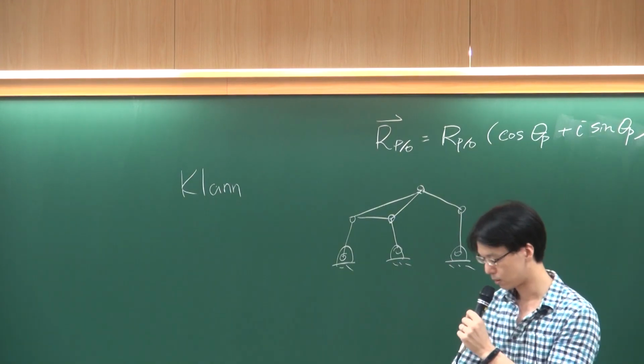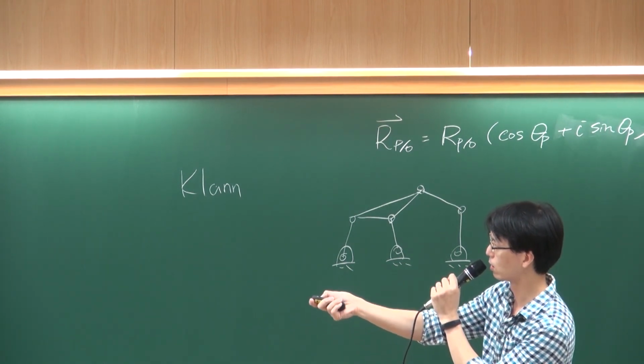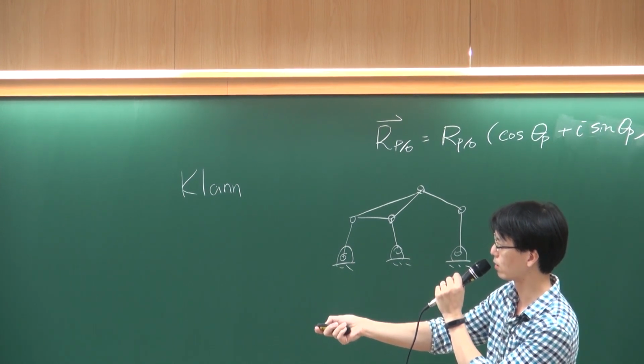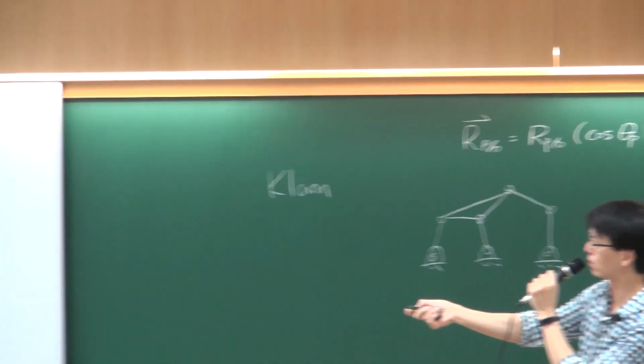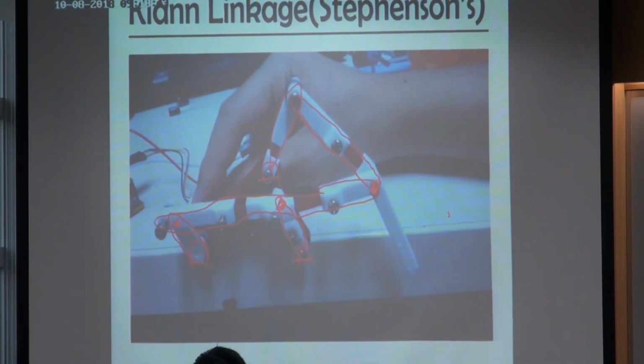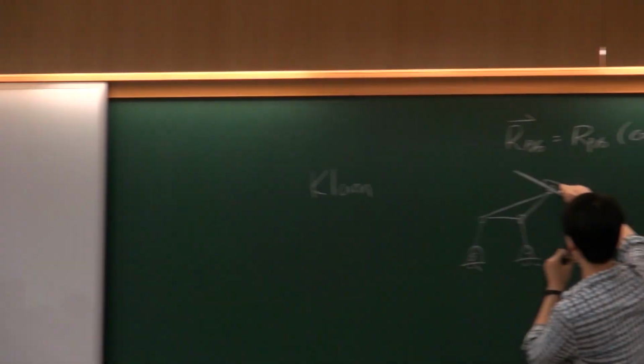But this one extends this bar a little bit longer. This belongs to the same rigid body. There is no joint between this one and this one. It's like you extend this one, but it is rigid.